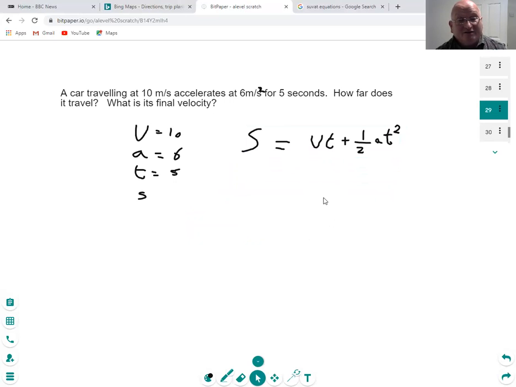Like I said earlier, if we were given S, U, and A, and were asked to find T, you could try rearrange this formula, but frankly, I think it's best to just plug the numbers in and see what you get, even when it's not the subject.